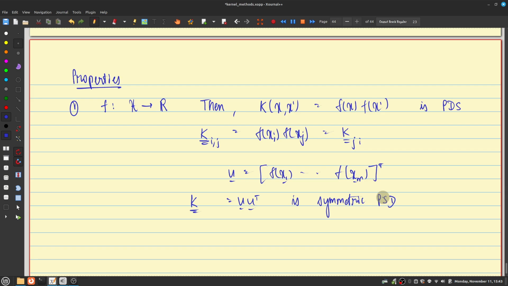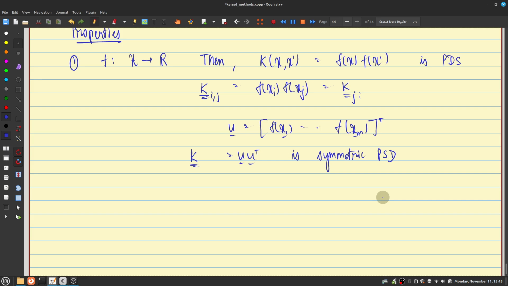In terms of u, it's the trace of K, which is just the 2-norm of u the whole squared, which is nothing but the summation over i of f of xi squared.